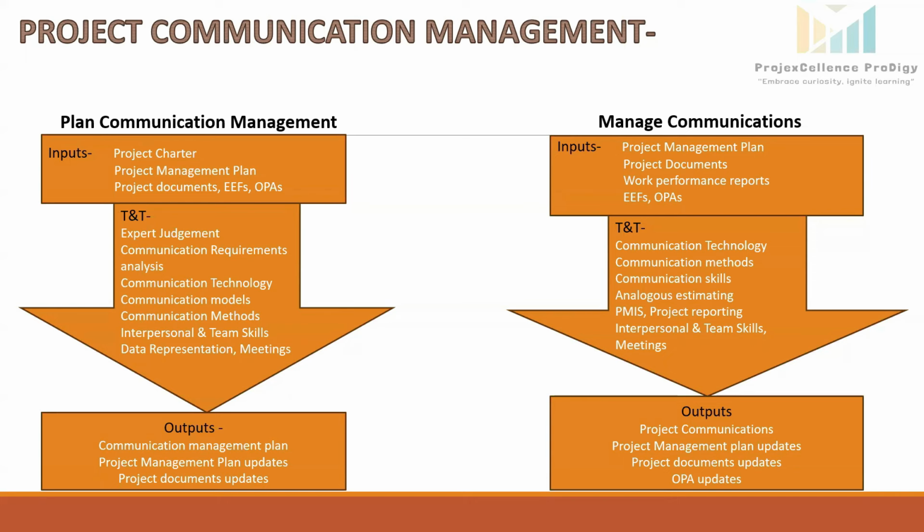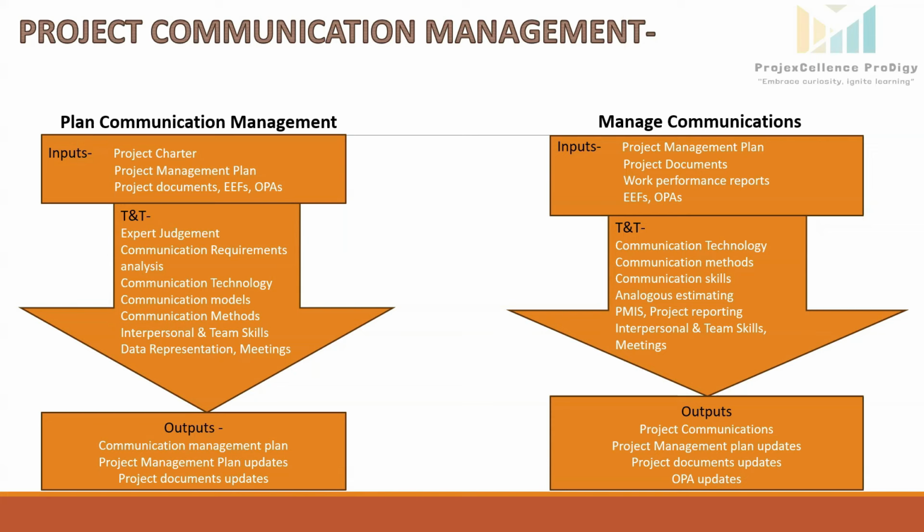For example, in our project, the stakeholder register may list the suppliers, regulatory bodies, and local communities, each with their own communication preferences, such as weekly emails or monthly meetings. Enterprise environmental factors, EEF.